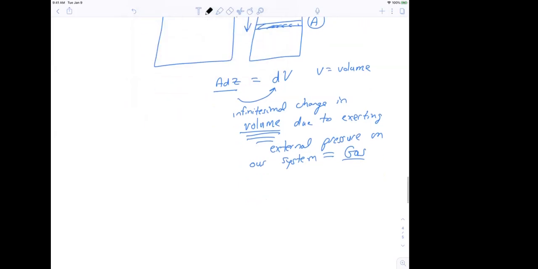So what that allows us to write then, dW, again, I bring down this little line, is equal to Fz dz, and now we'll just write everything, which is P external times dz, times A, sorry, I left out the A, P external A dz.